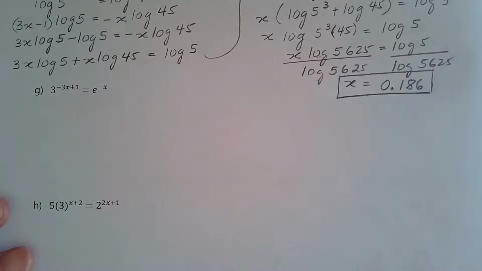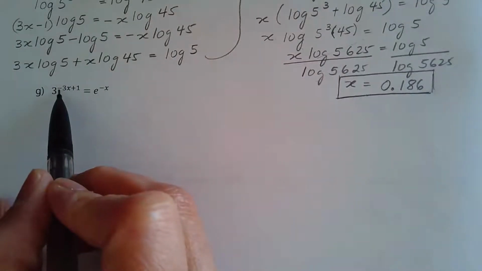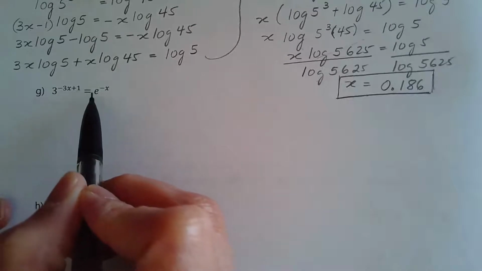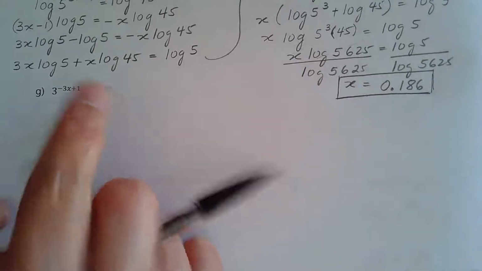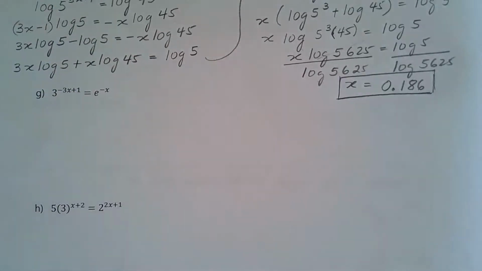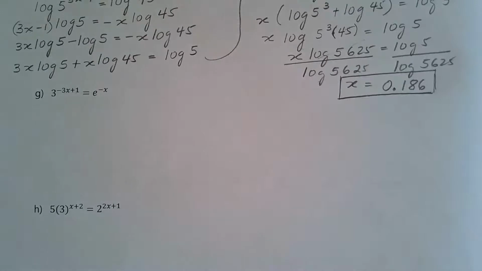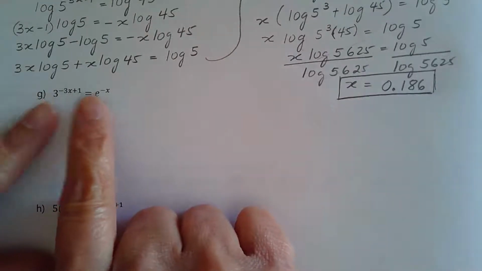Example letter G. So 3 to the exponent negative 3x plus 1 equals e to the negative x. Now e is Euler's number. It's approximately 2.7. So certainly we can't make these two bases the same.